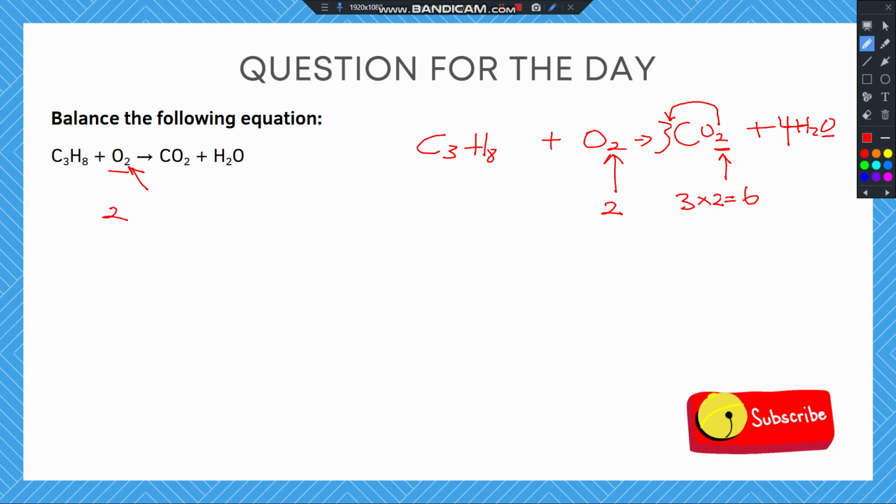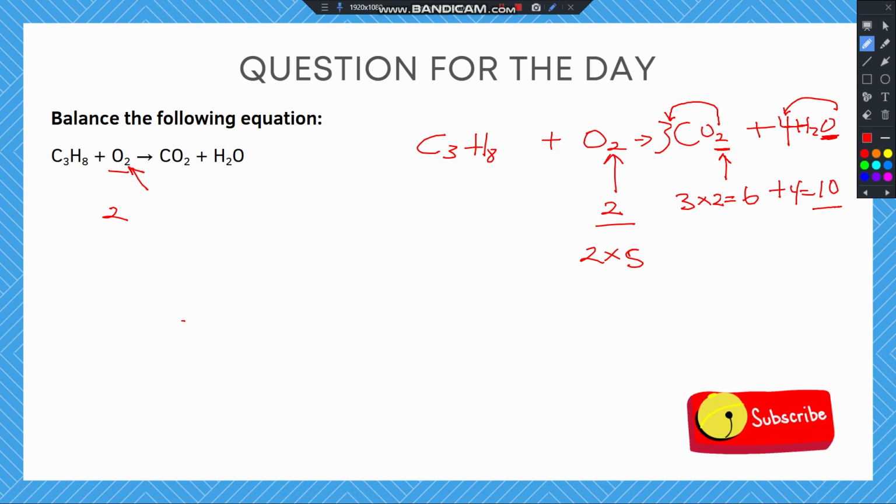And we also have another element of oxygen over here, which is having a coefficient of 4. So we have 6 plus 4, that gives us 10. So on the left hand side, just 2 atoms of oxygen, and on the right hand side, 10 atoms of oxygen. So that tells us that in order to make them equal, we simply multiply 2 by 5 to make them 10 on either side.